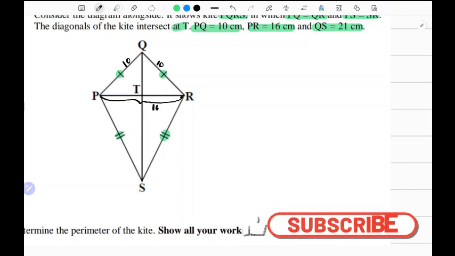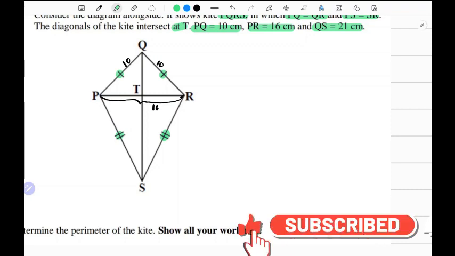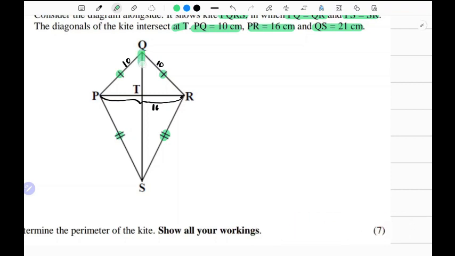But we know that for a kite, the long diagonal, which is QS, bisects the short one. So it means that these two, PT and TR, are equal in length.